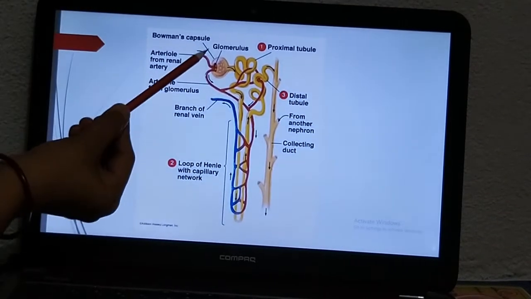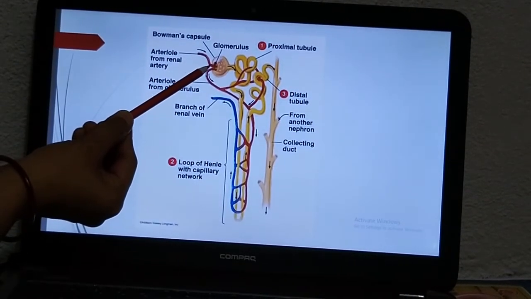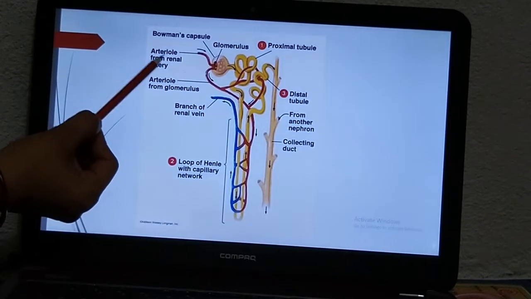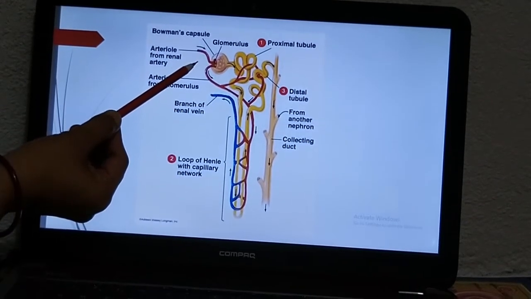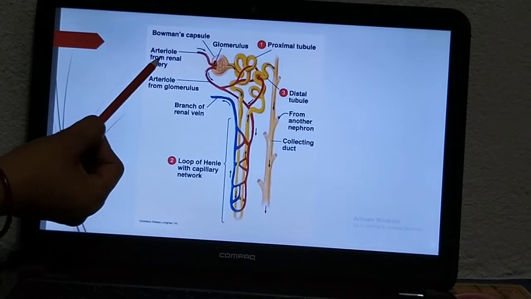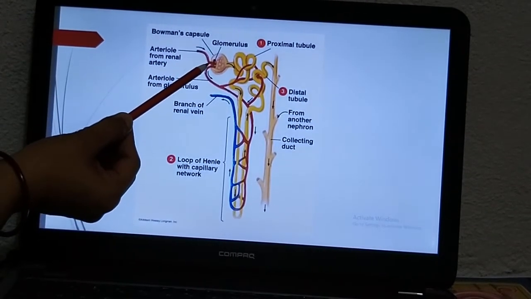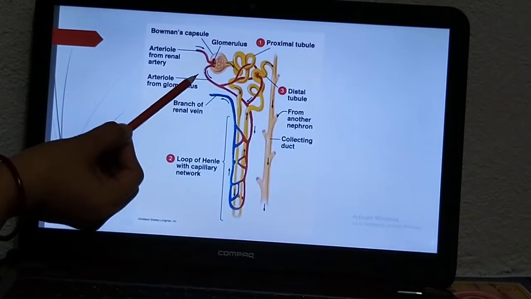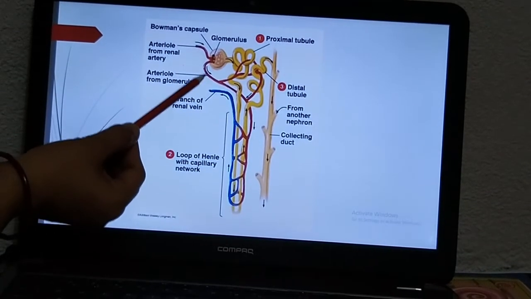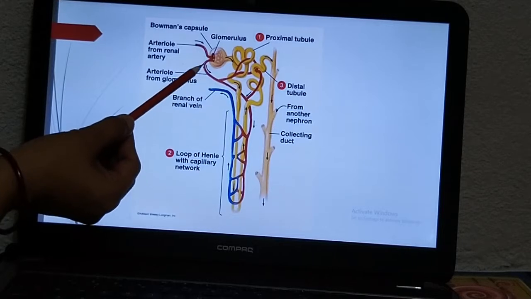So this is the glomerulus, a tuft of capillaries, which starts from an arteriole, from the renal artery. Already you can remember the renal artery, I should have drawn it there. This is more in diameter, and it will come from the efferent, which is almost half in diameter.